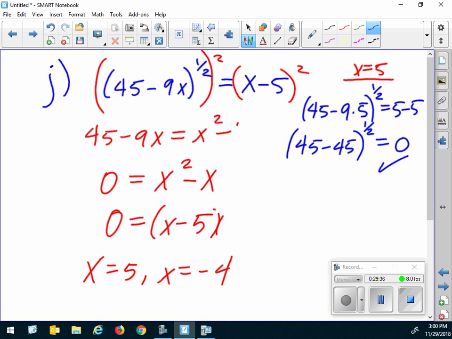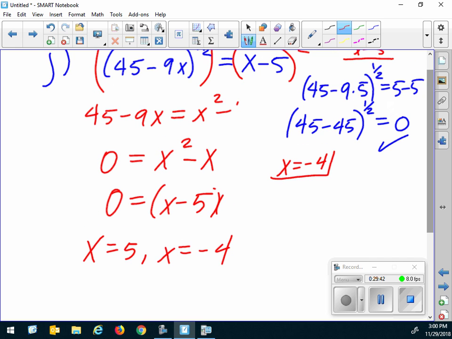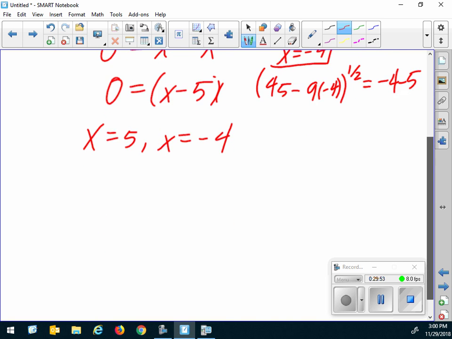Let's try x equals -4. 45 minus 9 times -4 to the 1/2 equals -4 minus 5. What's this give me? 45 plus 36, right?